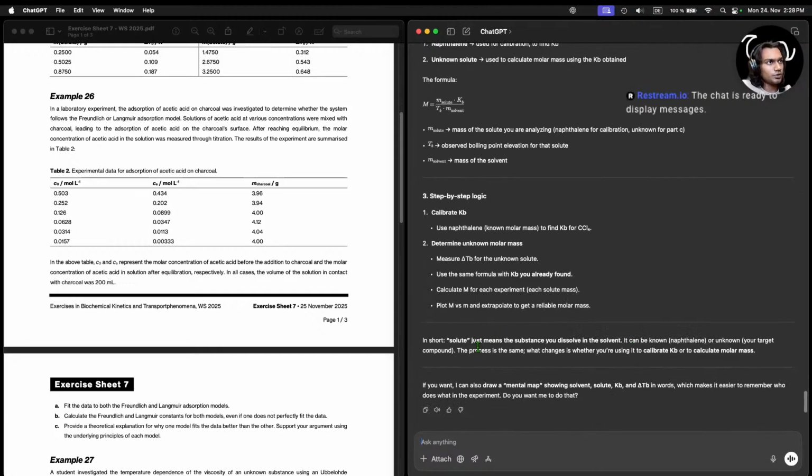In short, solute just means the substance you dissolve in the solvent. It can be known naphthalene or your unknown target compound. The process is the same. What changes is whether you're using it to calibrate Kb or to calculate the unknown molar mass. Calculate molar mass. What's unknown molar mass?